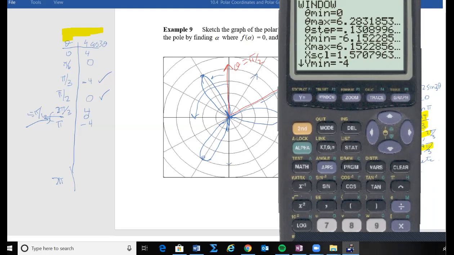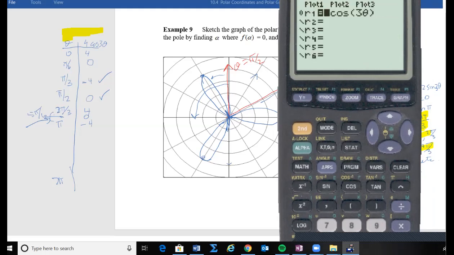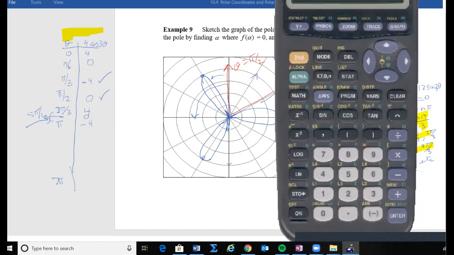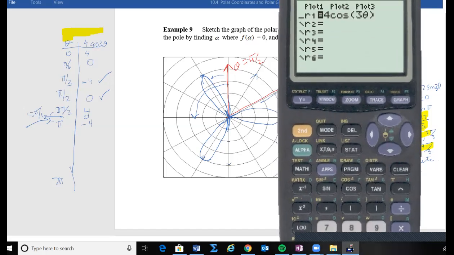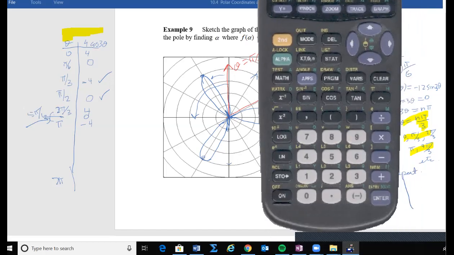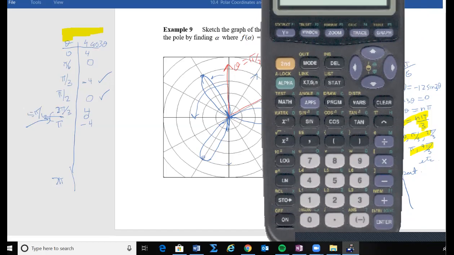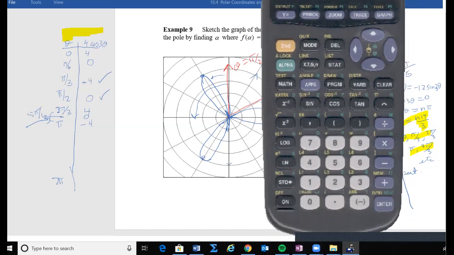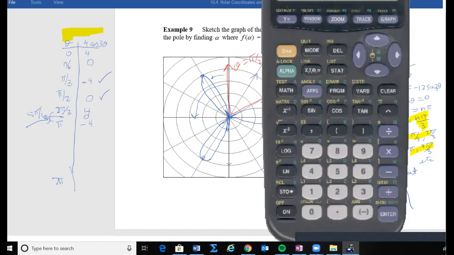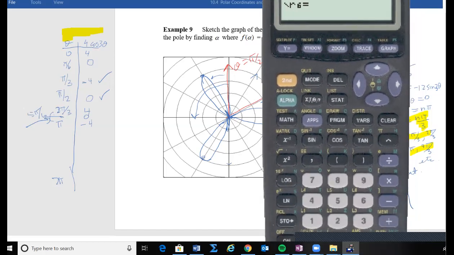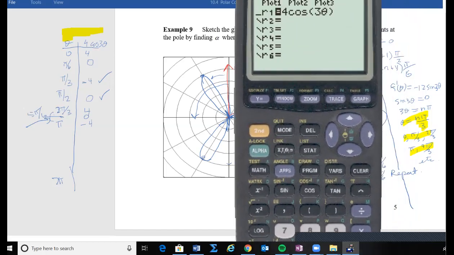Let's delete that and let's show this one here. Okay, let's do this one now.